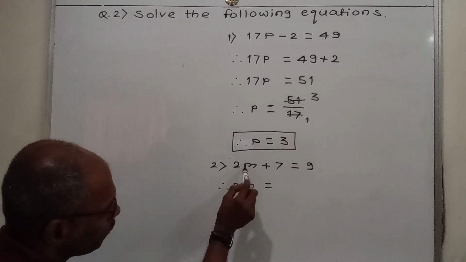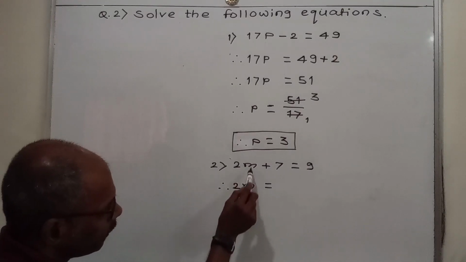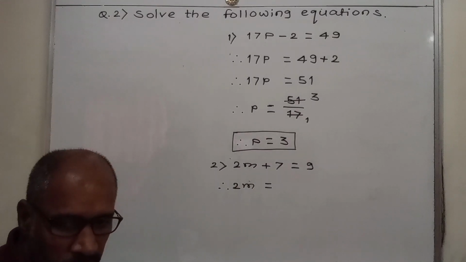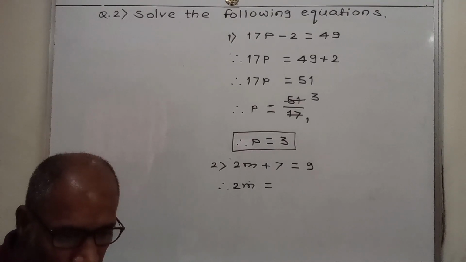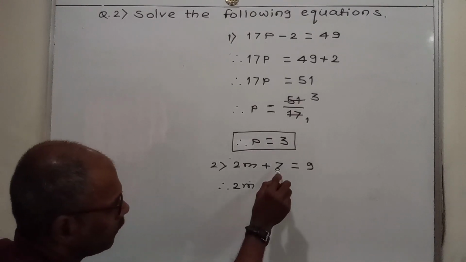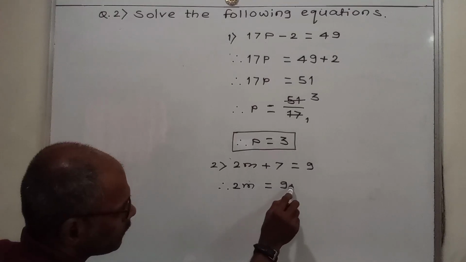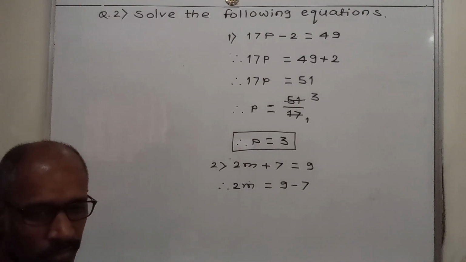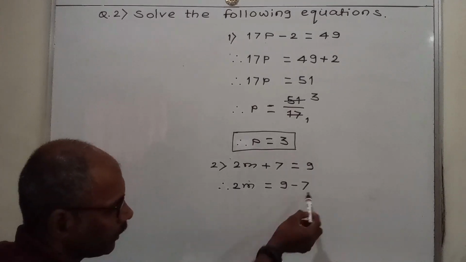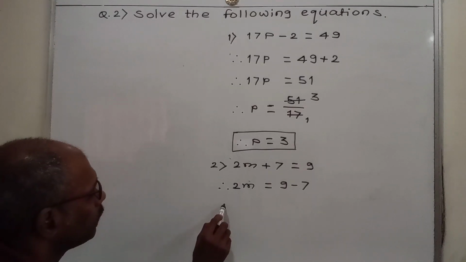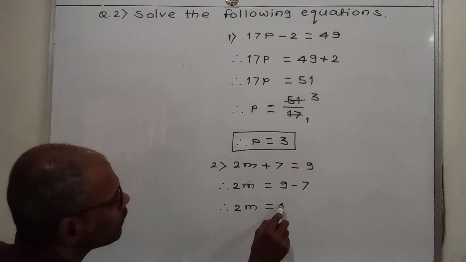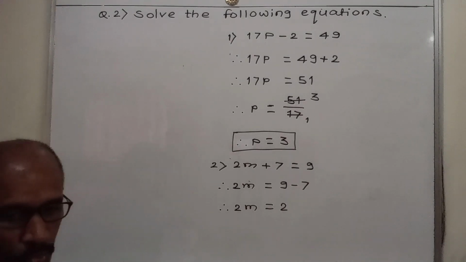And always we want the variable positive. See here, positive, no sign, means which sign? Plus. Now we take 7 to the right side. Plus 7 becomes minus 7. 9 minus 7. Therefore 2m is equal to 2.